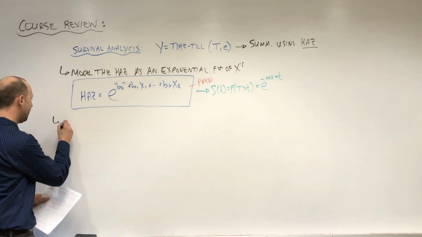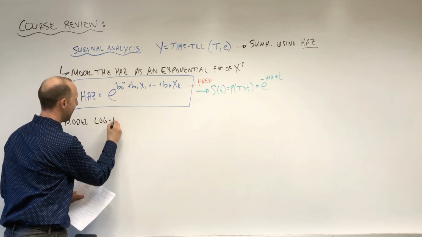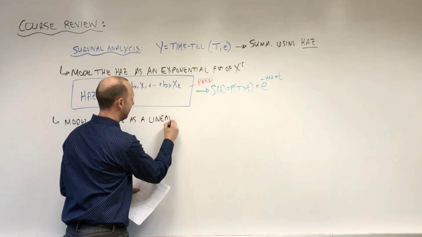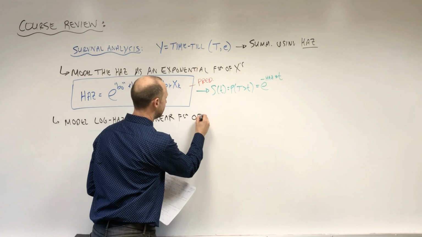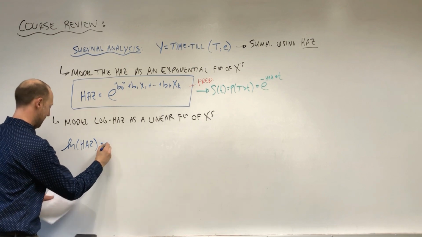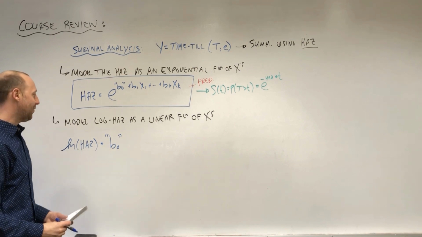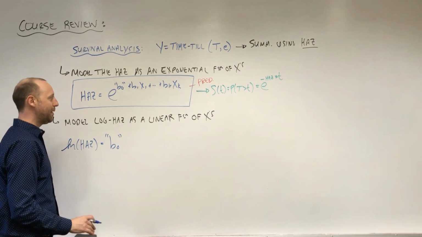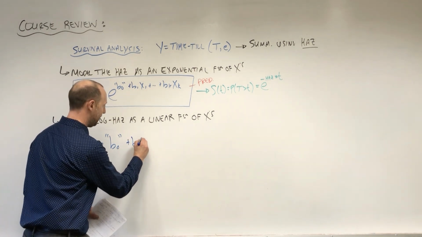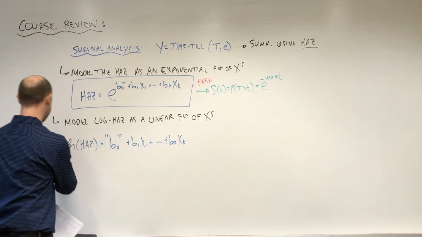Or we also saw we can think of it as we're going to model the log hazard as a linear function of the x's. The log hazard is "b naught", I'll put that in quotes. We talked about how exactly what that intercept or b naught term is changes depending on if we're looking at an exponential model or Cox proportional hazard model and so on, plus b1 x1 all the way up to bk xk.